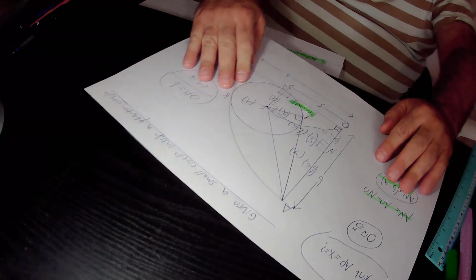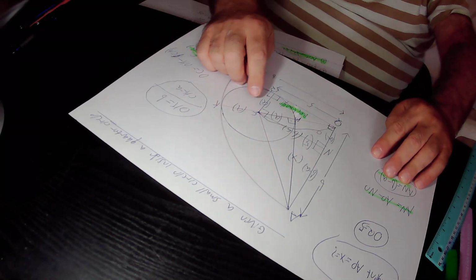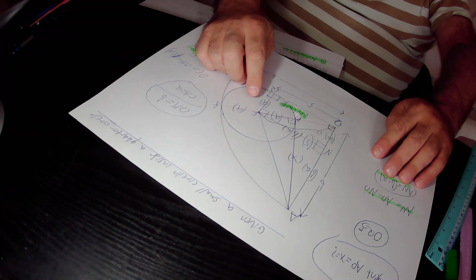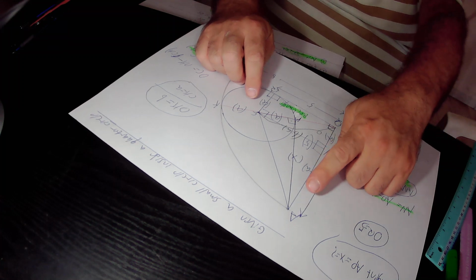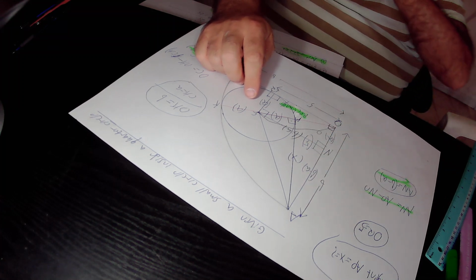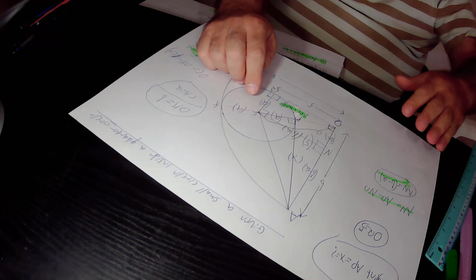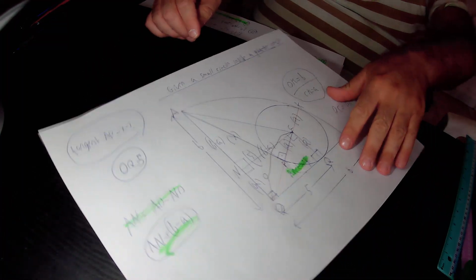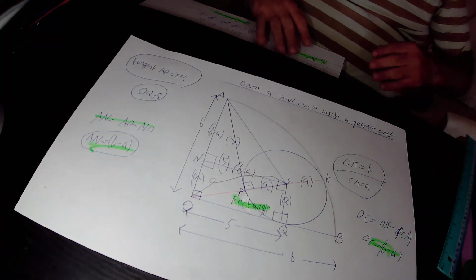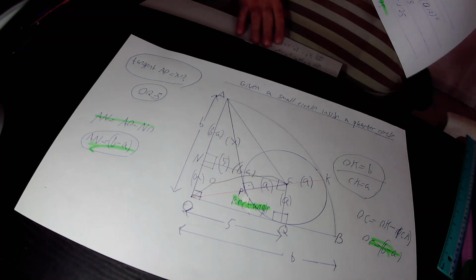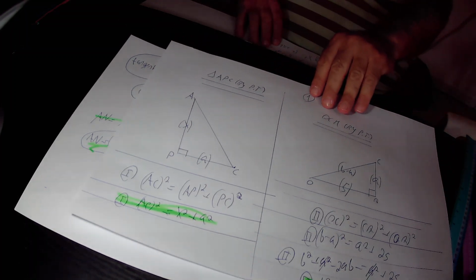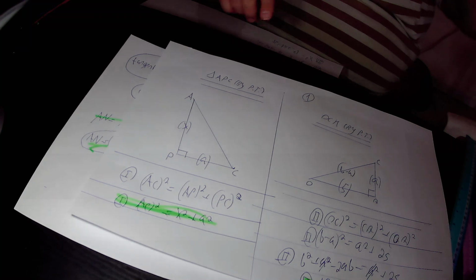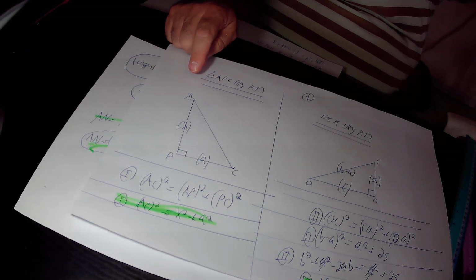In the next step, we join points A and C together by a straight line, and we implement the Pythagoras theorem on this right triangle, triangle APC. According to the Pythagoras theorem, in any right triangle, the square of the hypotenuse equals the sum of the squares of the perpendicular sides. This is right triangle APC that we have covered from the original drawing.